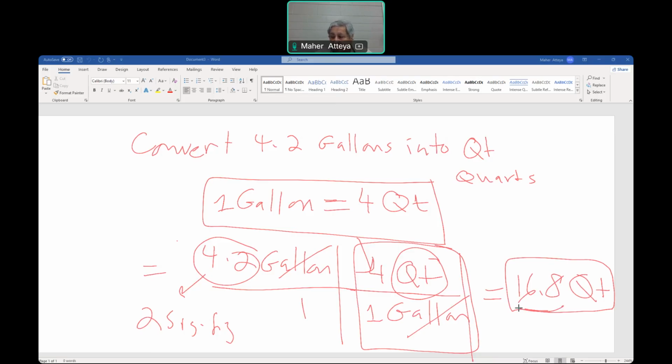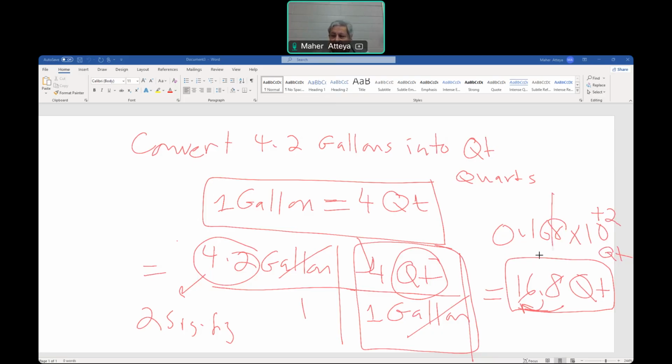So I can make it smaller, move the decimal maybe 2 digits. I have 0.168. I move it 2 digits to the left, which is positive, so 10 to the power plus 2 quarts. That's not the answer, as we said, we need 2 sig figs.